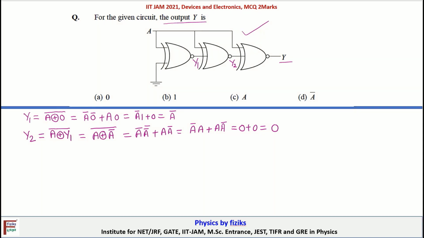So now the output Y is given by A XNOR Y2. So A XNOR Y2 is A XNOR 0. So this output is similar to Y1, and this Y1 output is A bar. So the correct option is option D, that is Y is A bar.